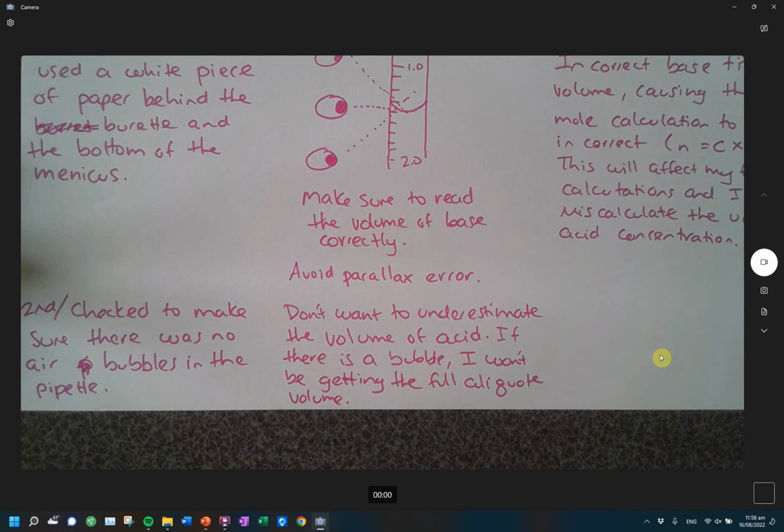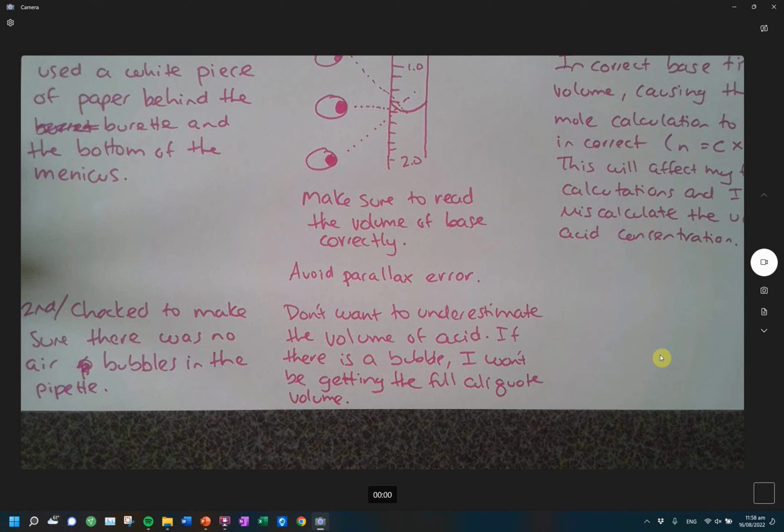So some of you guys, the why, how did it affect your results? If I have a bubble, I don't have as much acid as I should, so I'm going to be underestimating my concentration of acid. So your titrate value will be lower than what I've calculated. Some of you guys, when I was looking at your stuff, I said, oh, your number's below mine.